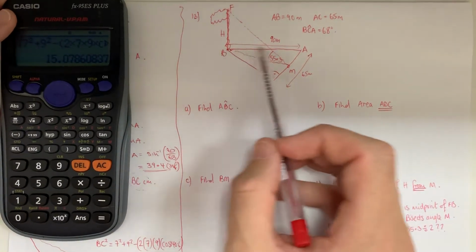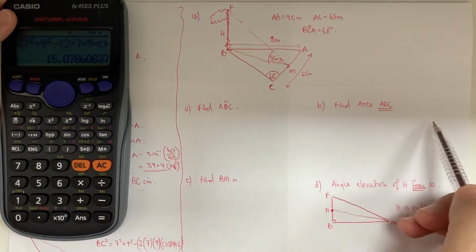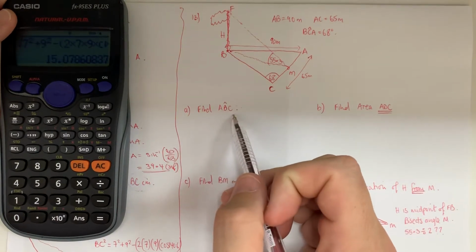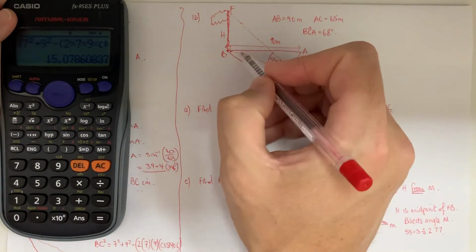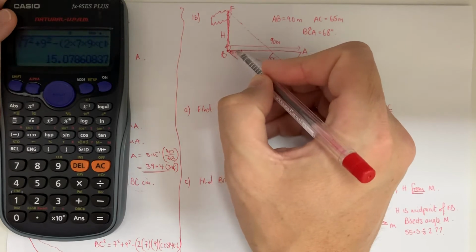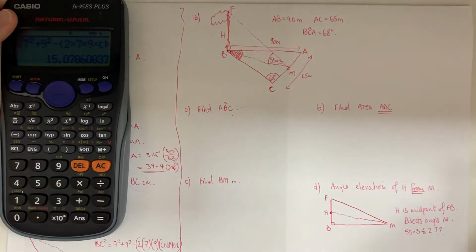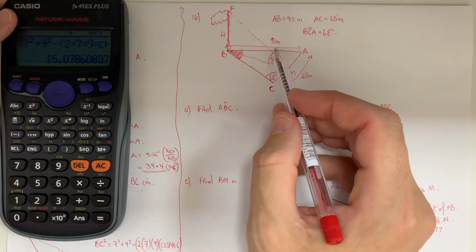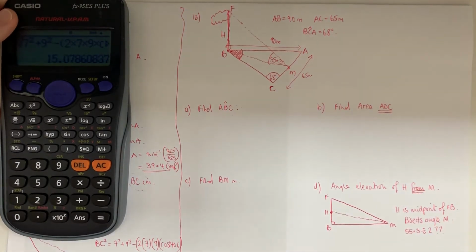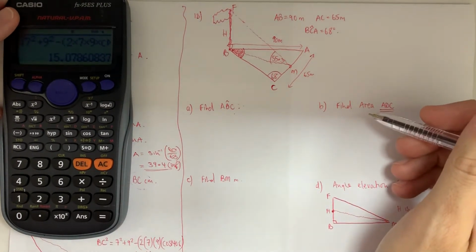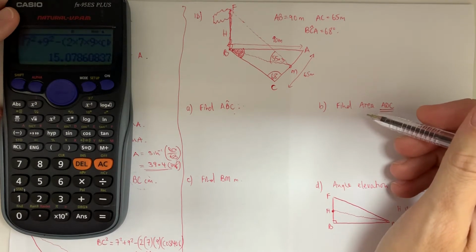So all you're really focusing on is the 2D triangle at the moment. And it says find the angle ABC. Well, ABC represents this angle in here. And it's told me that AB is 90 and AC is 65, and the angle ACB is 68.